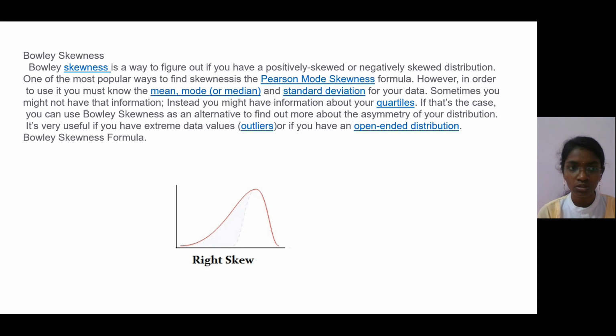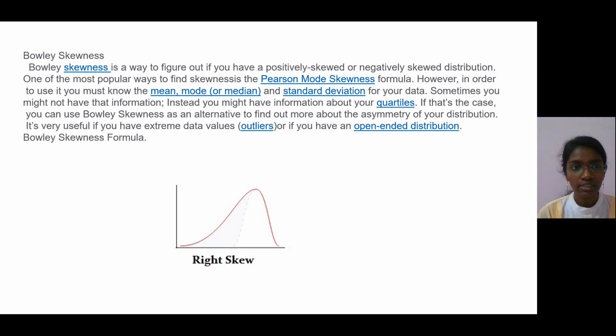However, in order to use it, you must know the mean, mode, median, and standard deviation for your data. While it is tough to calculate all of these, sometimes you might not have the information. Instead, you might have information about your quartiles.